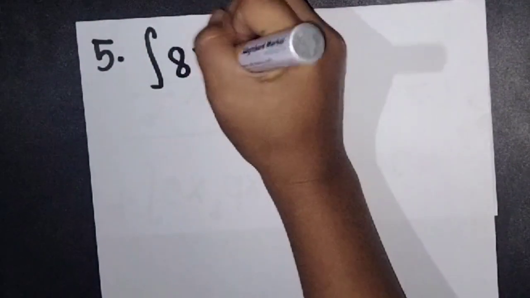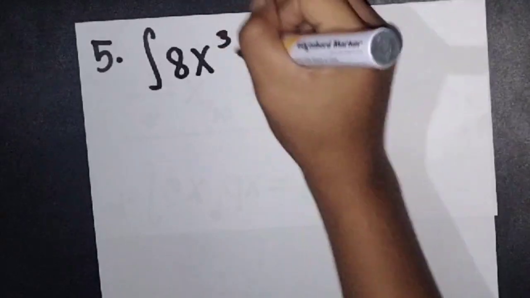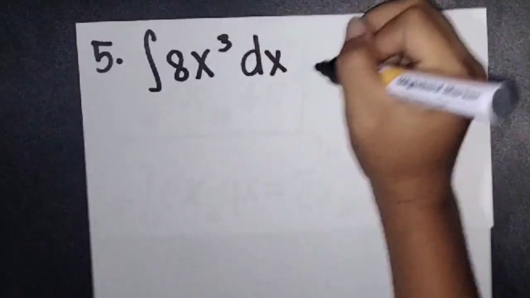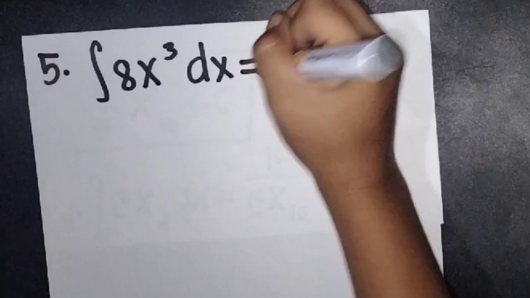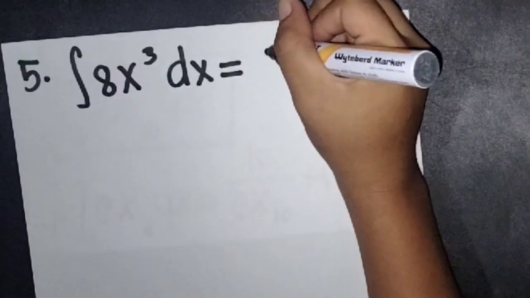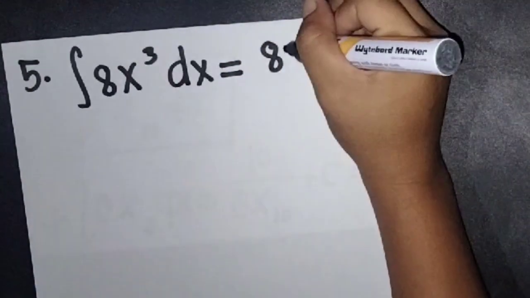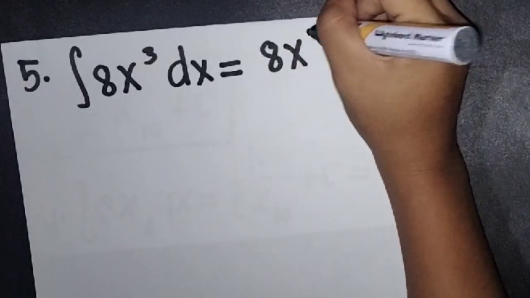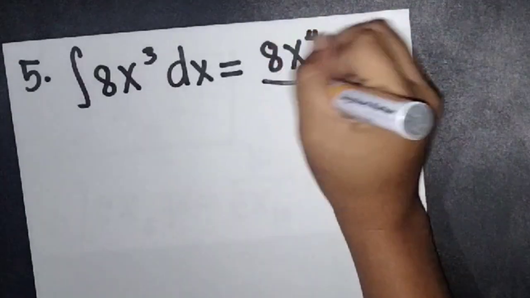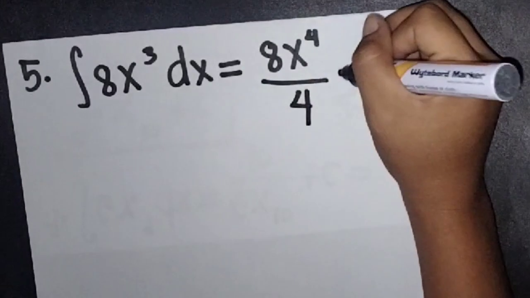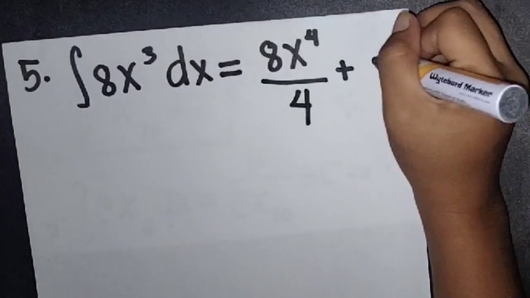Now for the last example, let's find the antiderivative of 8x cubed. Add 1 to the exponent. It's going to be 8x to the power of 4 over 4 plus c.